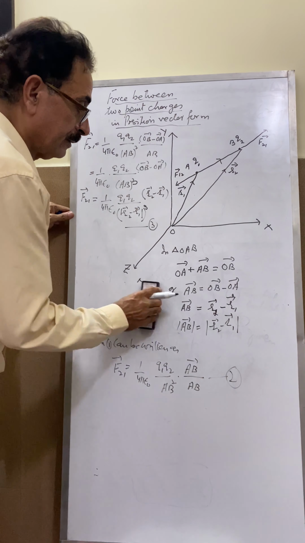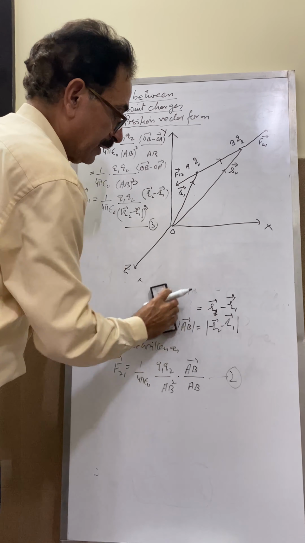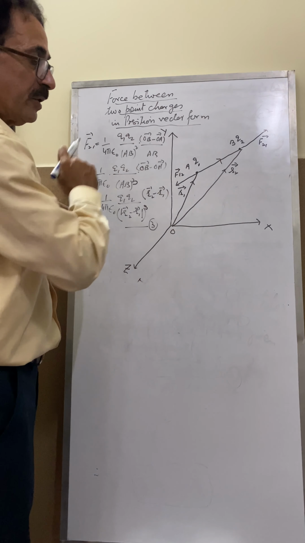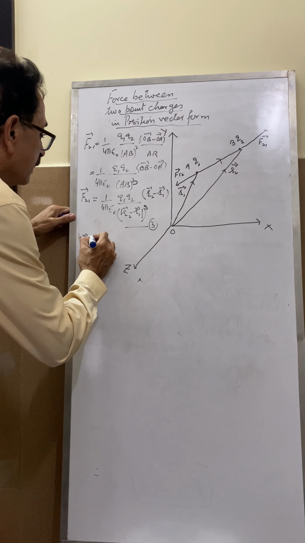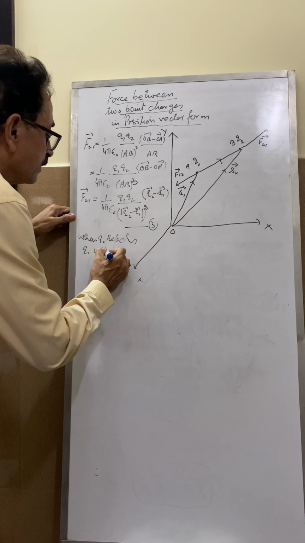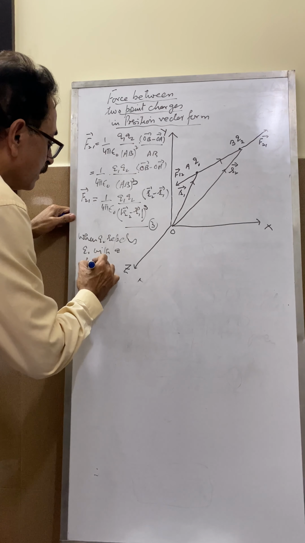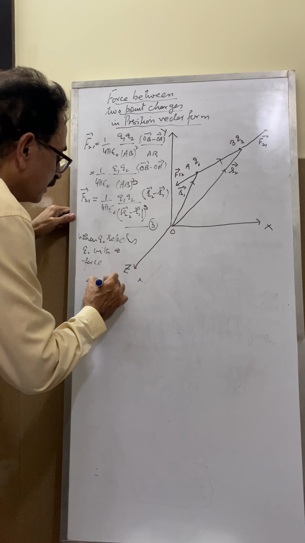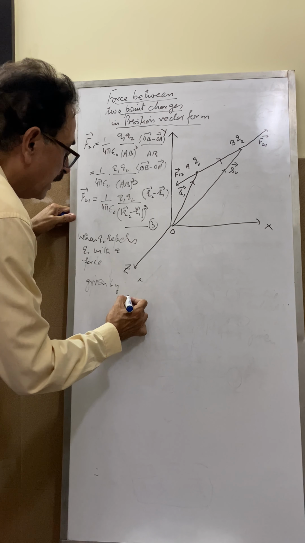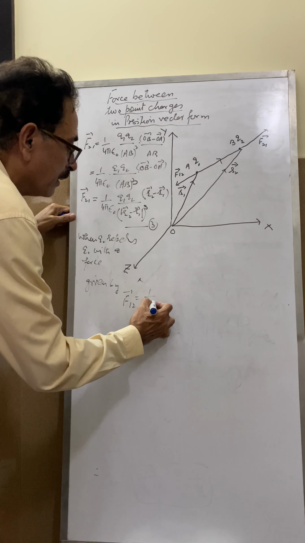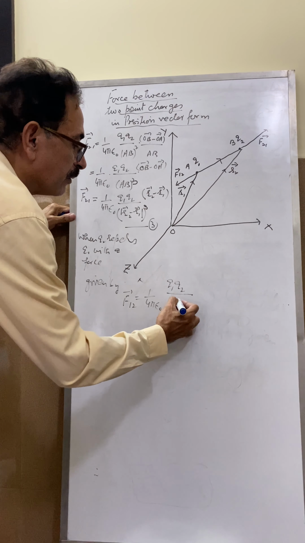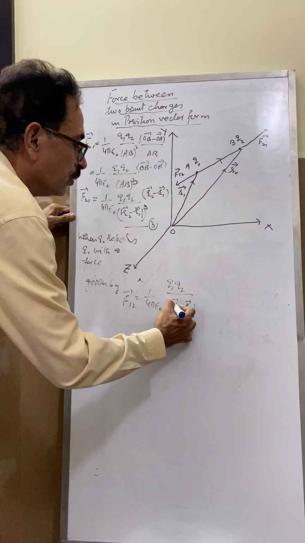Similarly, we can write when Q2 repels Q1 with a force, by Coulomb's law, given by F12 equal to 1 upon 4 pi epsilon naught Q1 Q2, here it will be equal to R1 minus R2 magnitude whole cube.